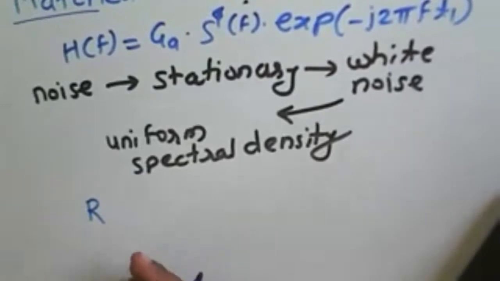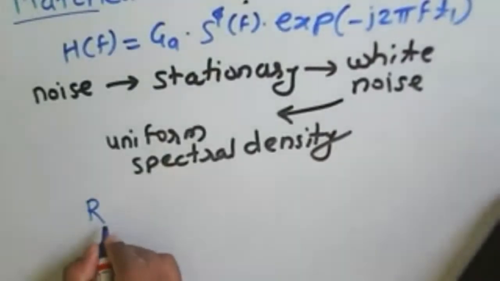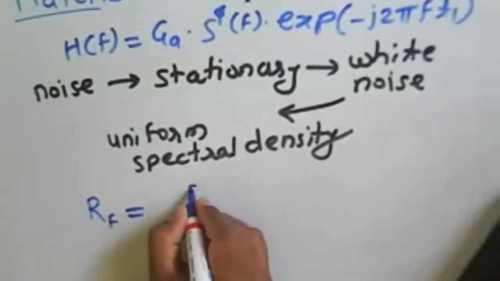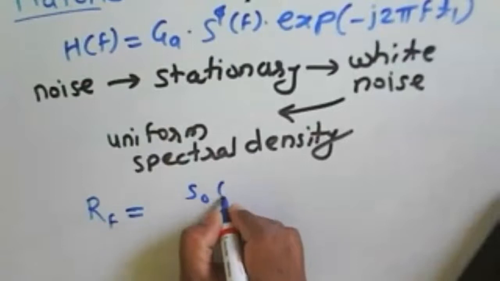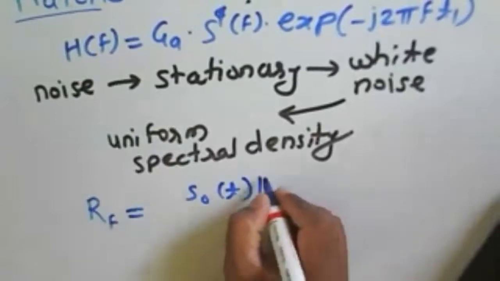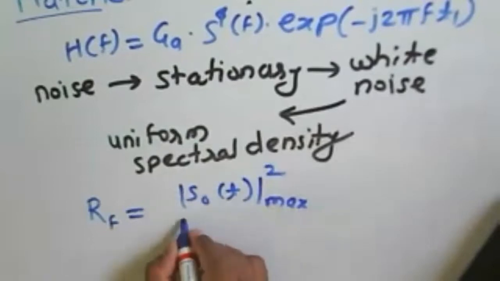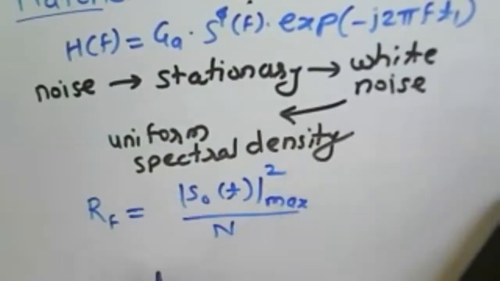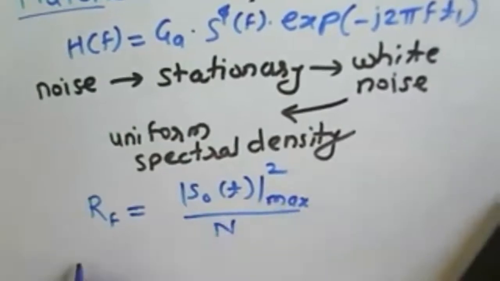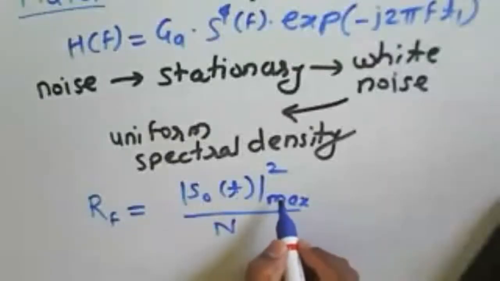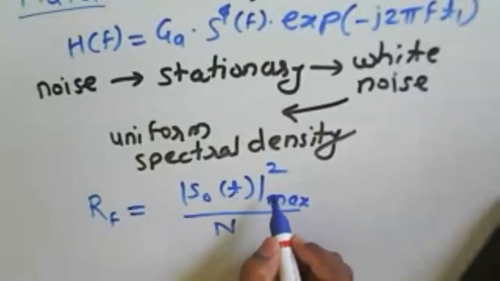So the signal to noise ratio we rewrite here for the matched filter function. In that case, it will be S0 of t max divided by the noise, so this is the signal to noise ratio, and this S0 of t is the maximum value of the output signal voltage.